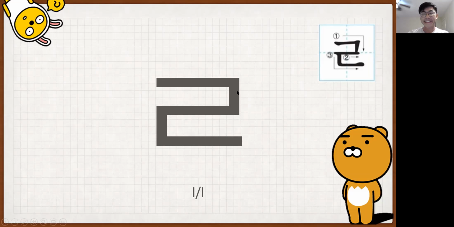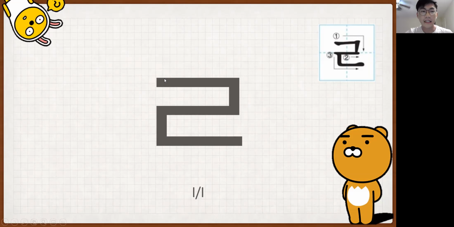Yeah, so this is Lir. It makes the L sound, like an L. This will typically replace the R sound in English. Koreans use this Lir to replace the R from English because we don't have R's.